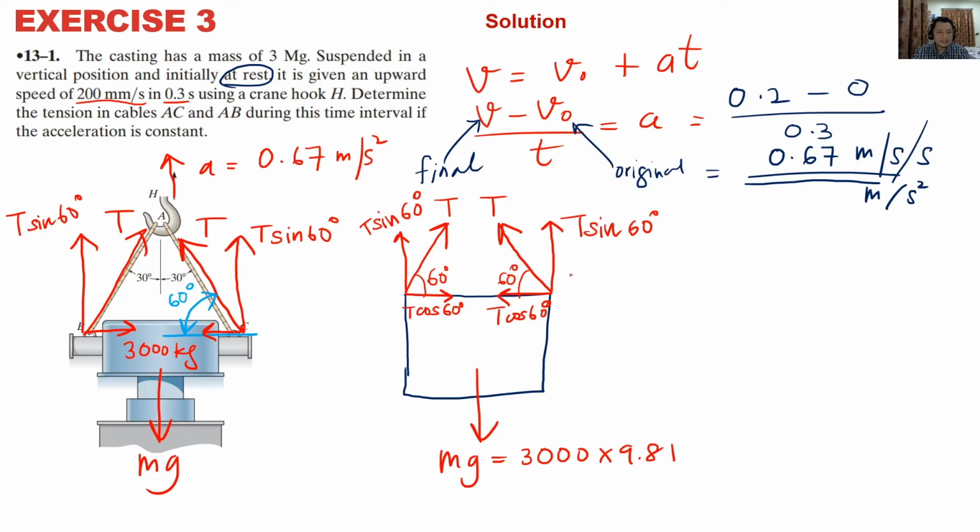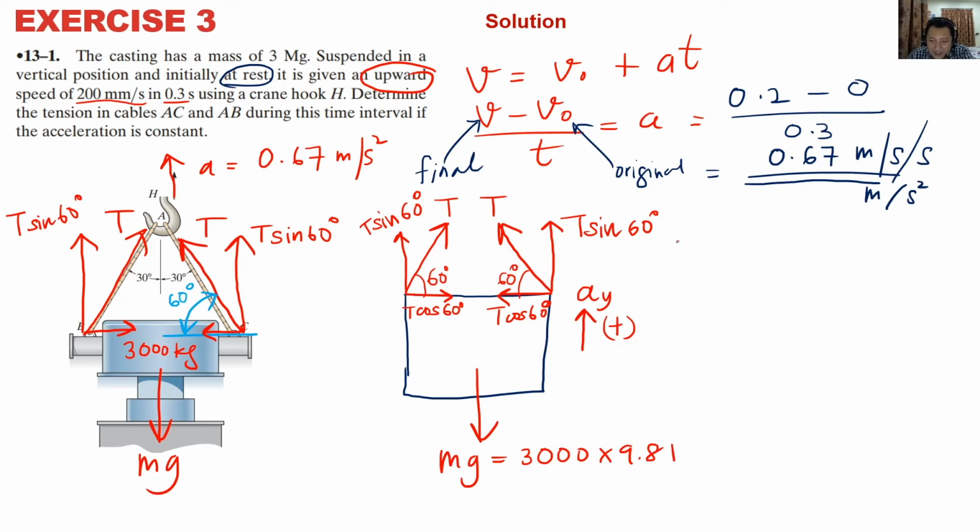So, where is the direction of this object moving? It goes upward. So upward is positive. Let's write it down. A is actually AY.